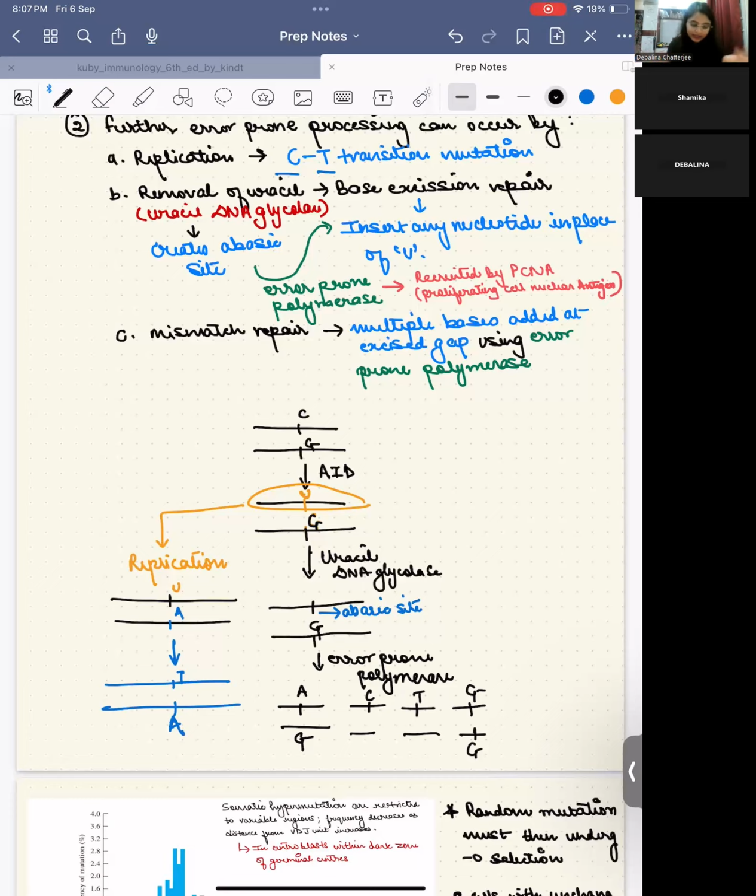If it fills it up with any nucleotides, in the subsequent rounds you will have a different combination possible, and that is how another set of mutations has been induced, right?